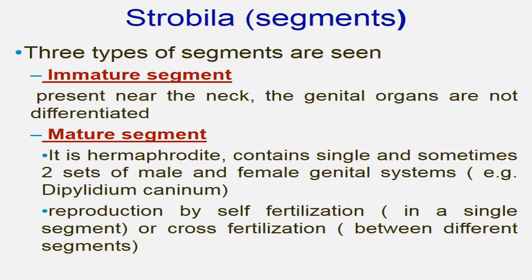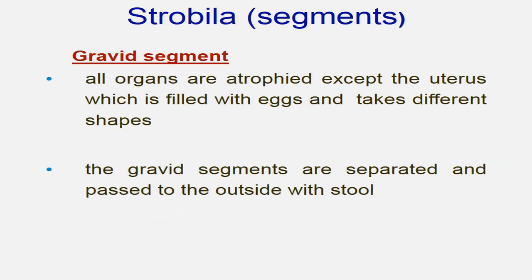Reproduction occurs by self-fertilization in a single segment or cross-fertilization between different segments. In the gravid segment, all organs are atrophied except the uterus, which is filled with eggs and takes different shapes. The gravid segments are separated and passed to the outside with the stool.